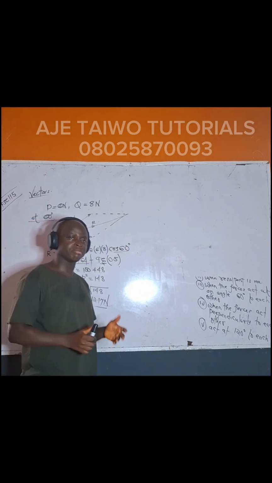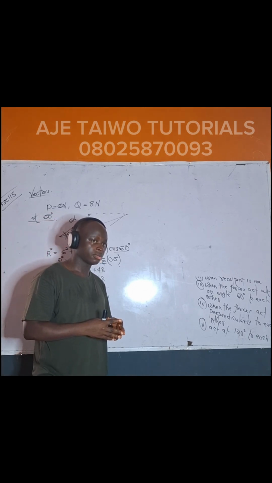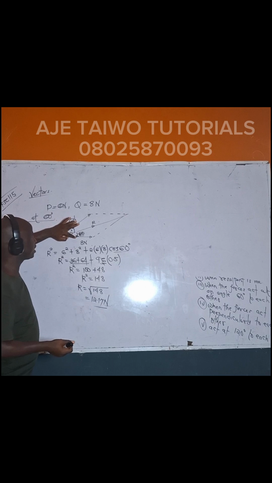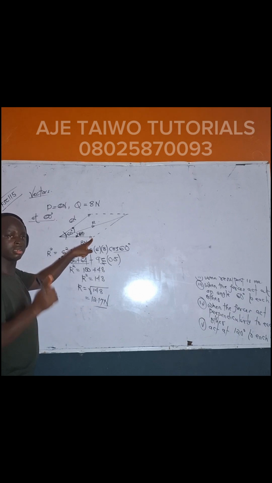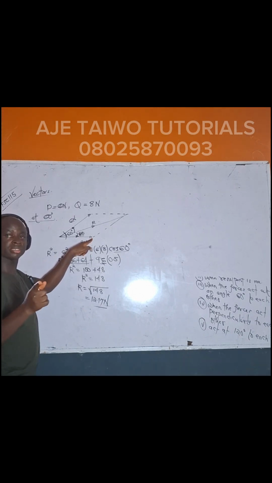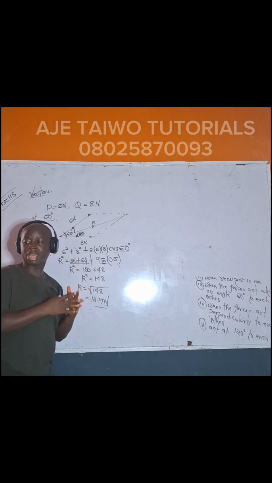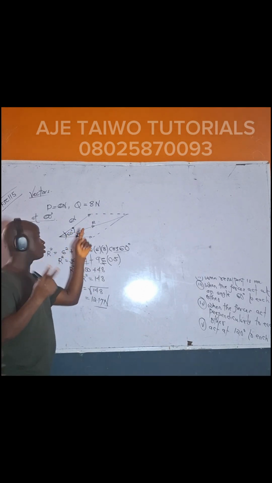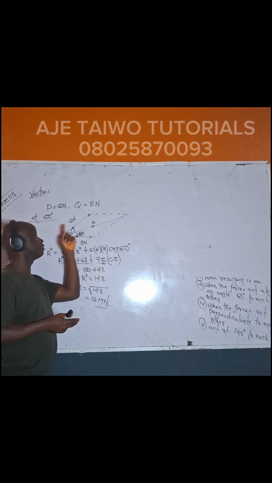The resultant has made how many angles, class? 2 angles. Don't ever say "to the horizontal," except the diagram is drawn for you. The resultant makes angle with 8 Newtons. It makes angle with 6 Newtons.